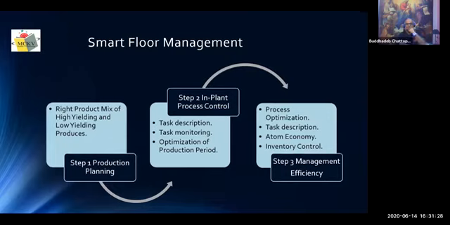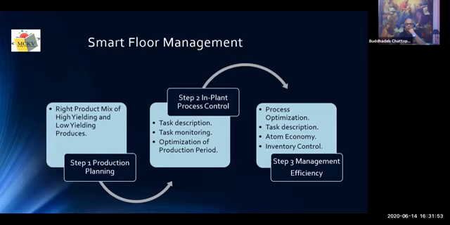So step one is the production planning, which means that I must have a right product mix of high spread and low spread products so that my average spread per week in every tannery stays within the limit of the ranges that I wish to operate.